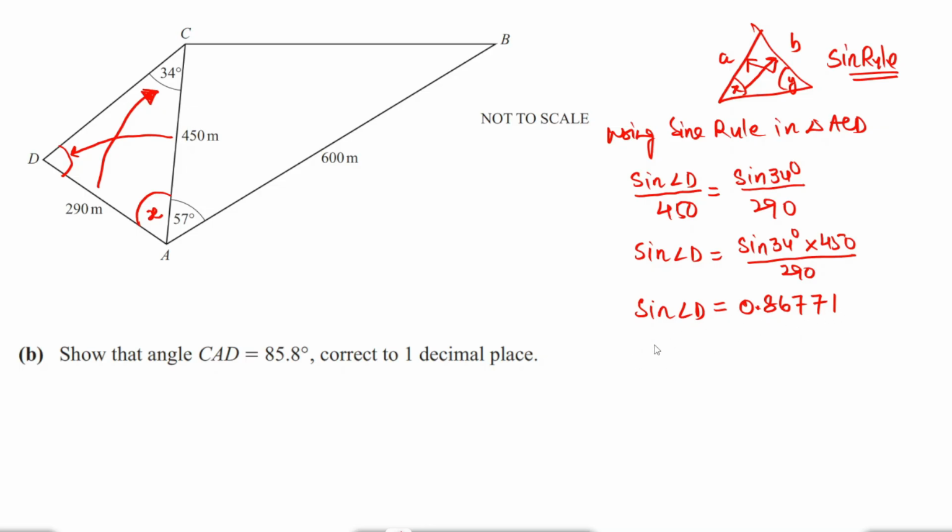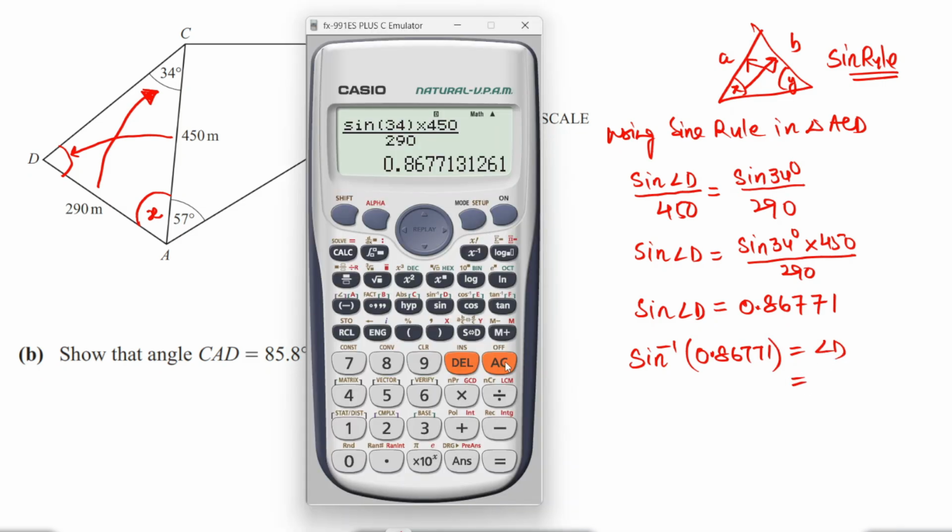So we have to find angle D first. Angle D could be found by using inverse of trigonometry. So sine inverse 0.86771 is equal to angle D. Let us use the calculator: sine inverse, shift and sine, 0.86771, and let us close the bracket here.